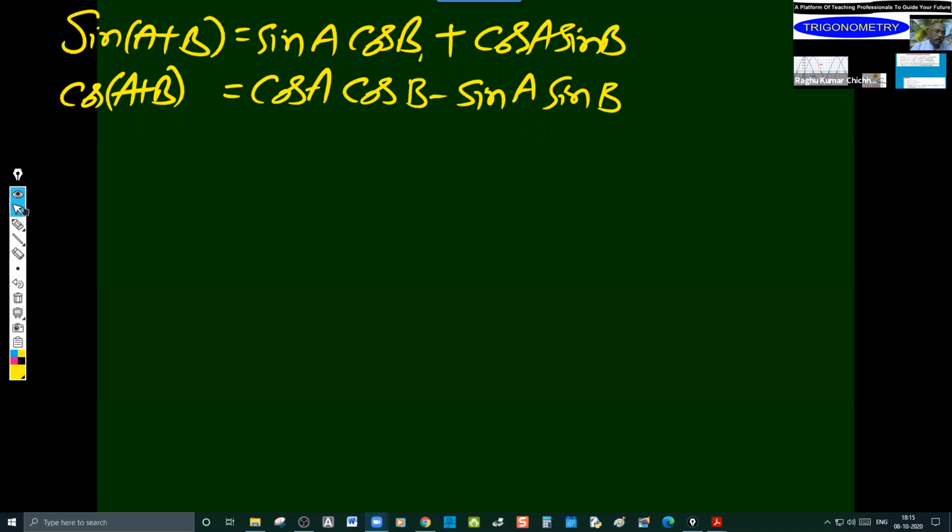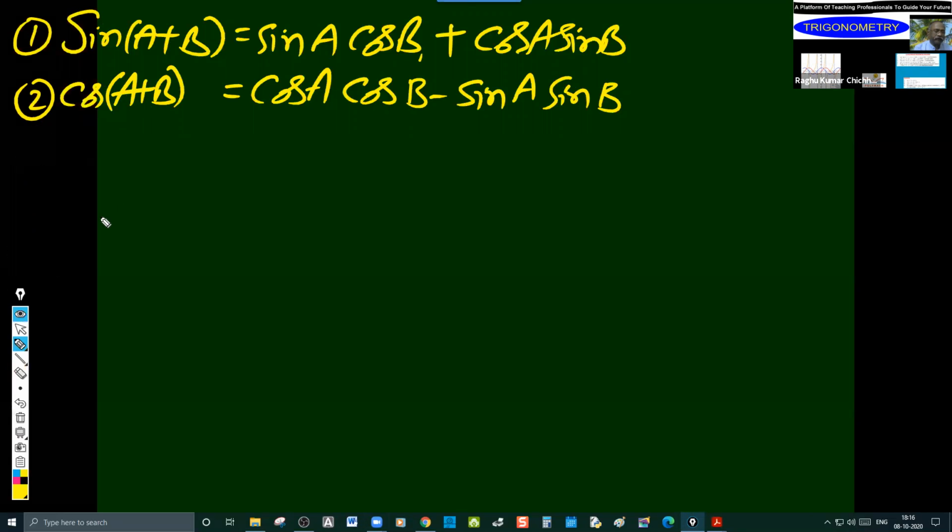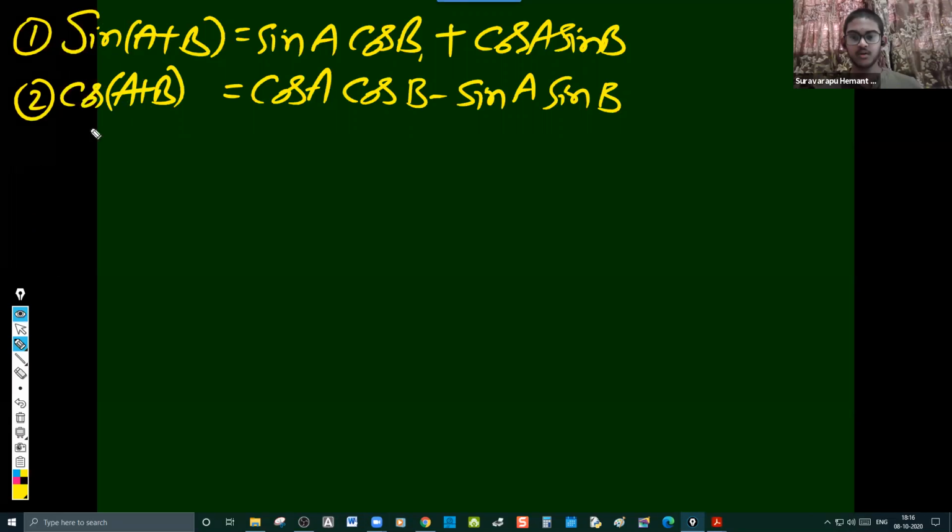These are the formulae I repeated, sine of a plus b and cos of a plus b. Now, what is the continuation formula number, please? Should I make it 15? According to the previous class, what was the previous number? It's 14, sir. 14, okay.